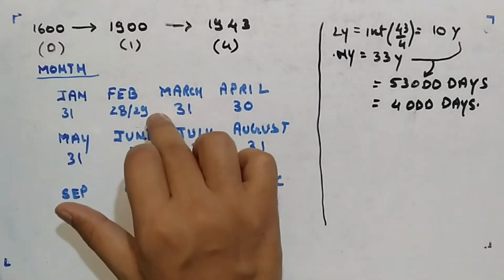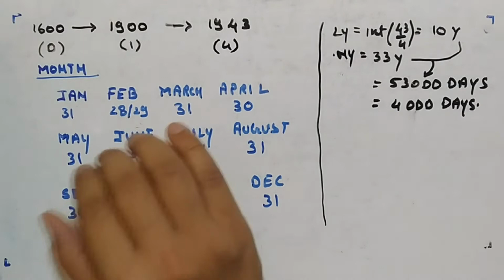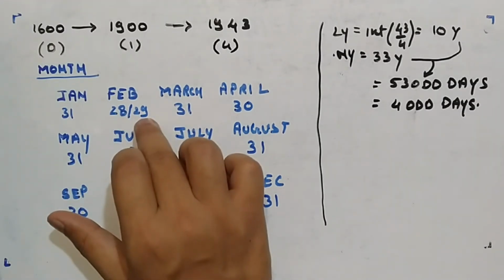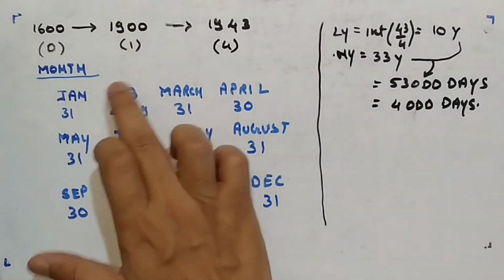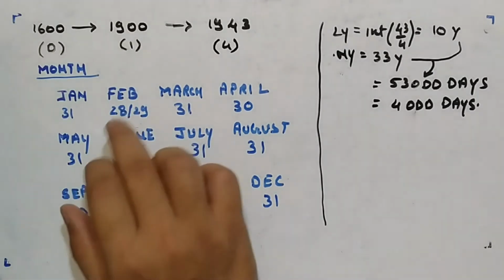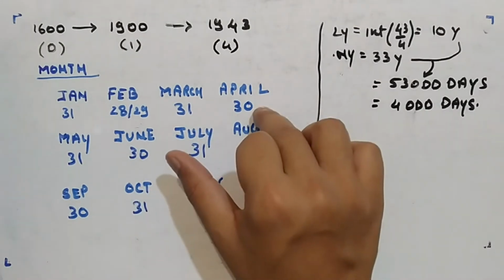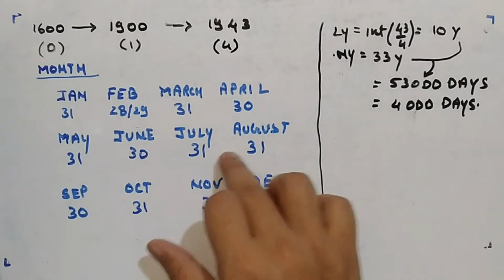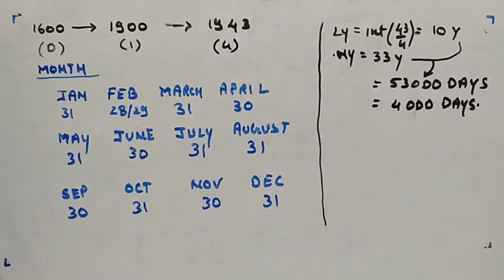February has 28 days if it is a normal year; if it is not a normal year, it will have 1 day extra, that is 29. This is catch part 1. Then March has 31, April 30, May 31, June 30, July 31, August 31, September 30, October 31, November 30, December 31.